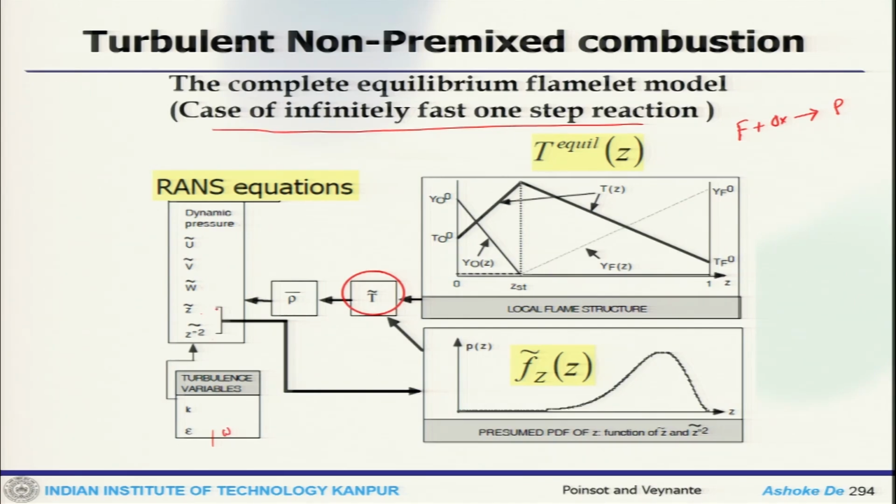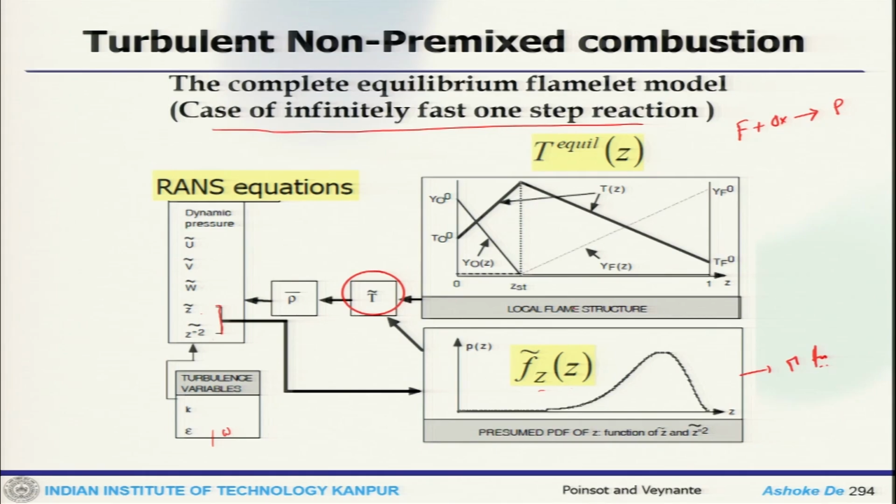Now, using this information of Z and Z variance, you can find out the probability density function, which is essentially a gamma function. That gamma function you can estimate, and for a particular location and particular instant of time, this would look like this.